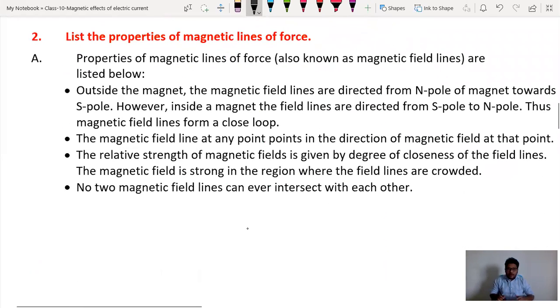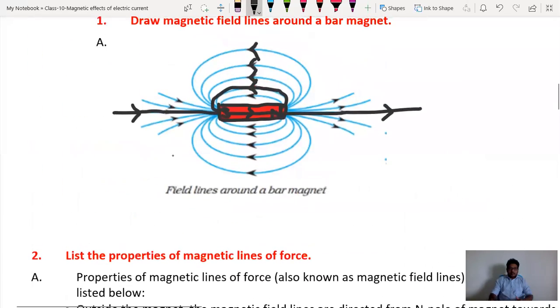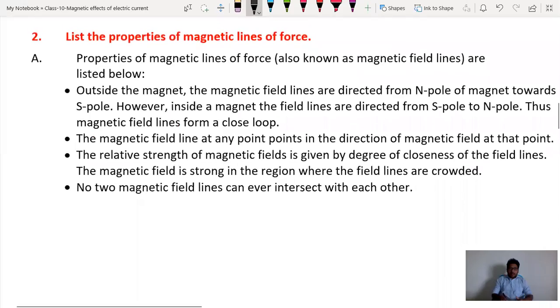Next, important question. List the properties of magnetic lines of force. Okay. Now there are few properties. First property, outside the magnet, the magnetic field lines are directed from north of the magnet towards south pole. So if you observe this diagram, you will come to understand. Consider we have a magnet here.